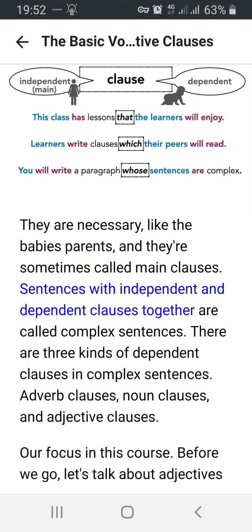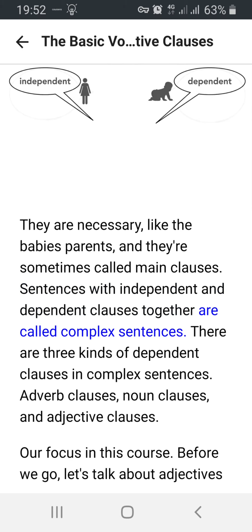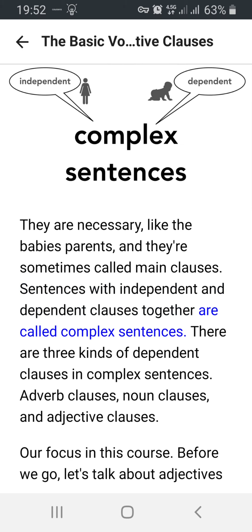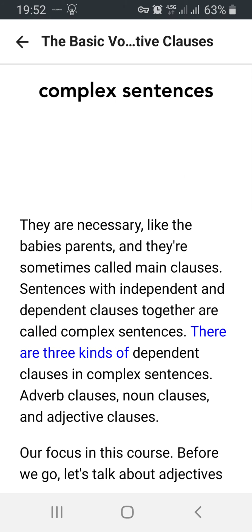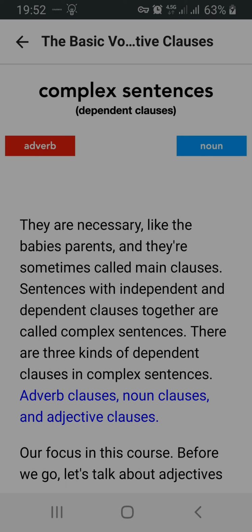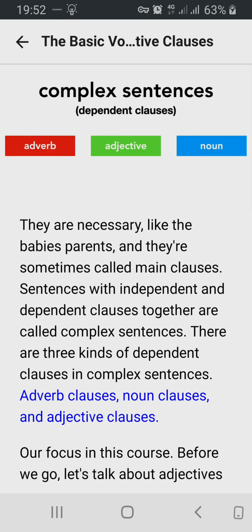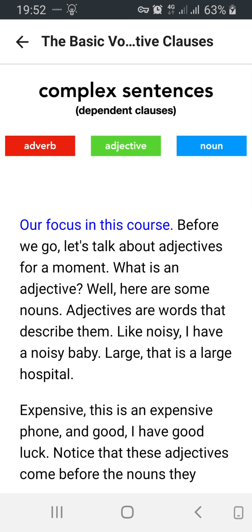Sentences with independent and dependent clauses together are called complex sentences. There are three kinds of dependent clauses in complex sentences: adverb clauses, noun clauses, and adjective clauses. Our focus in this course.